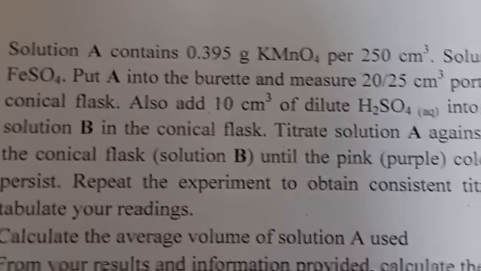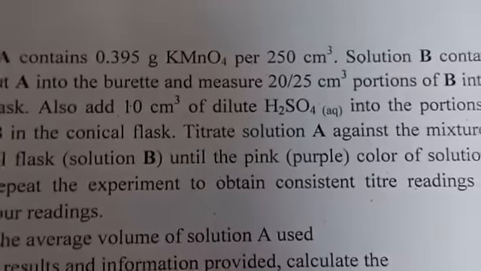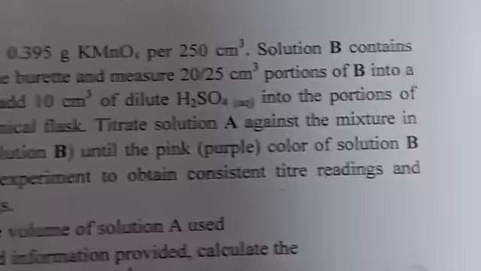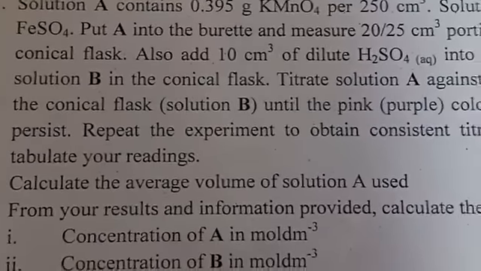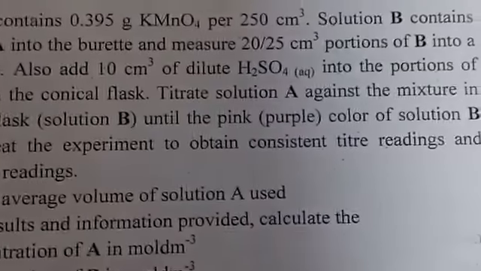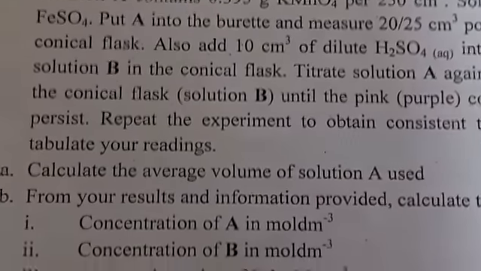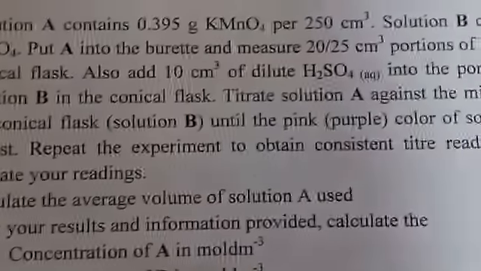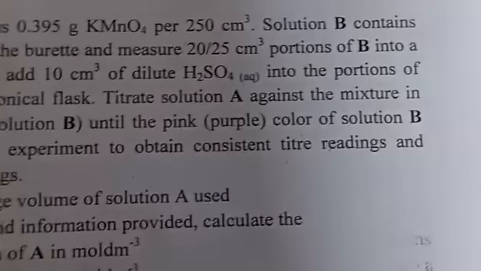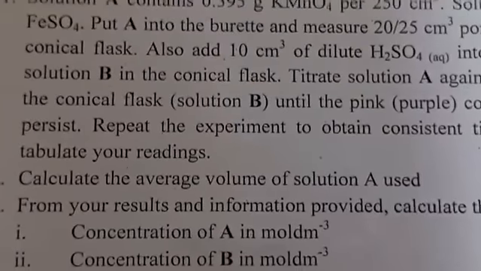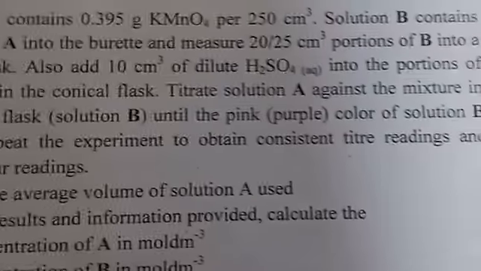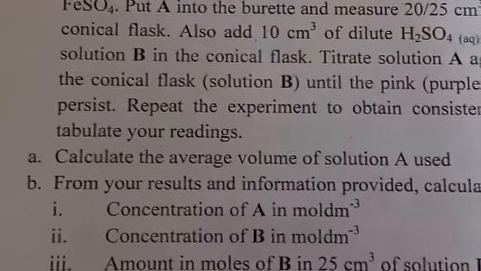Also add 10 cm cube of dilute H2SO4 into the portions of solution B in the conical flask. Titrate solution A against the mixture in the conical flask, that is solution B, until the pink or purple color persists. Repeat the experiment to obtain consistent titer readings and tabulate your readings.